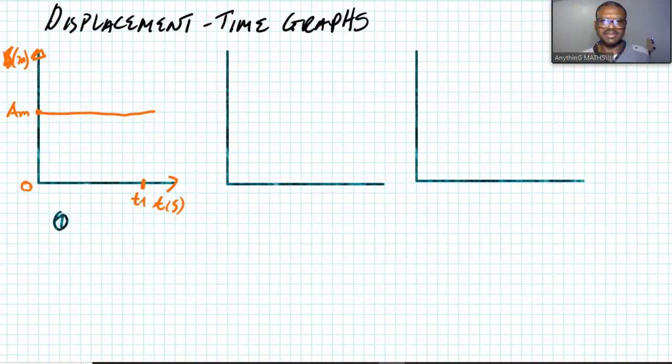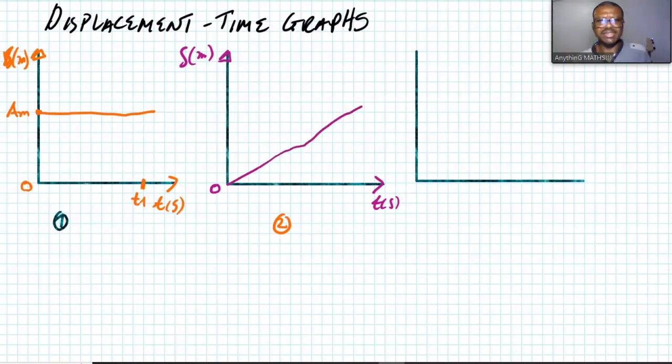The second graph, let's label the second graph t in seconds, and x in meters, and let's put 0 here. Now imagine you are moving. This is a straight line. I can't draw the straight line well, but let's make the assumption it's a straight line. Now what do you see?